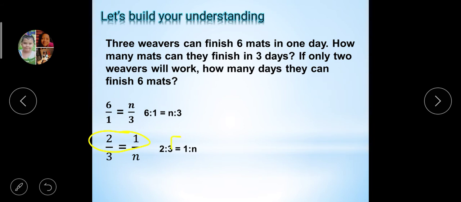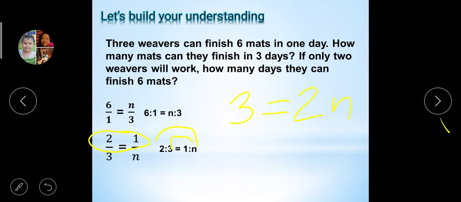ito naman. So same process, the product of the mean and the product of the extreme. Okay, so 3 multiplied by 1, of course, that's 3. And then 2 multiplied by n, we will get 2n.